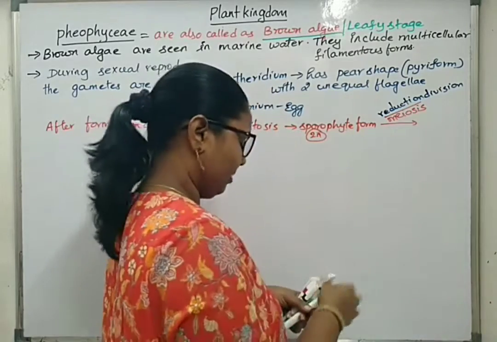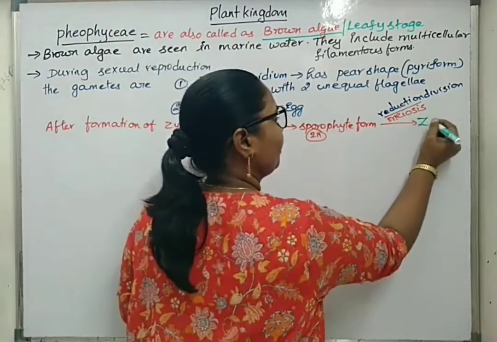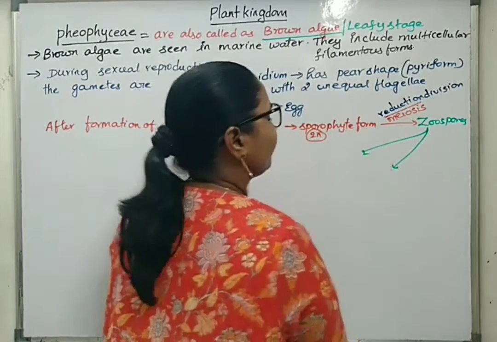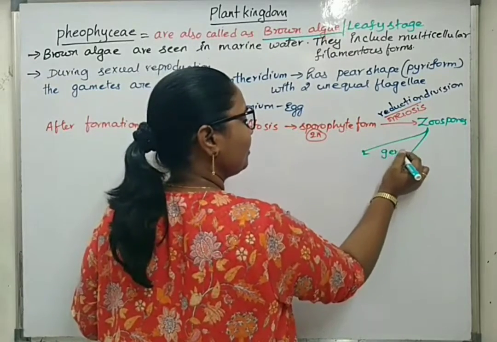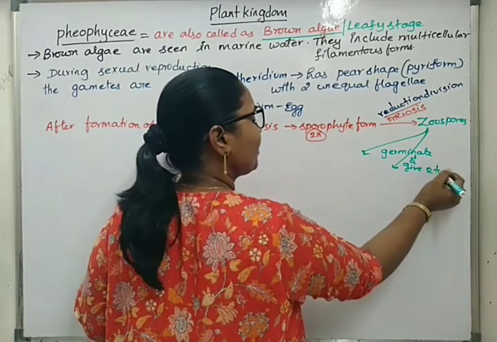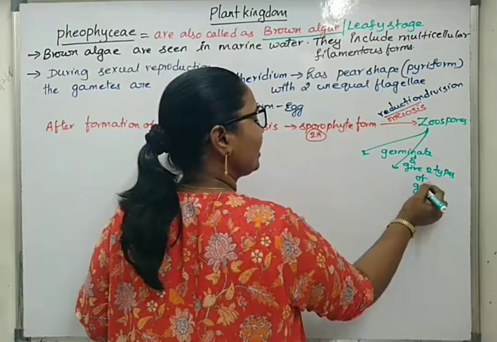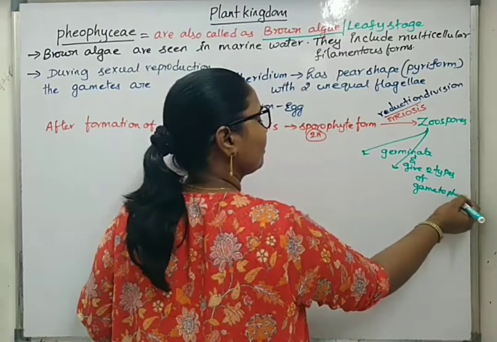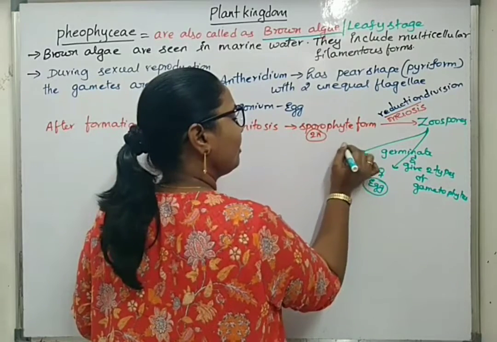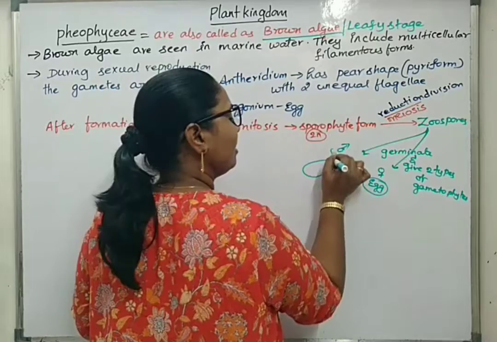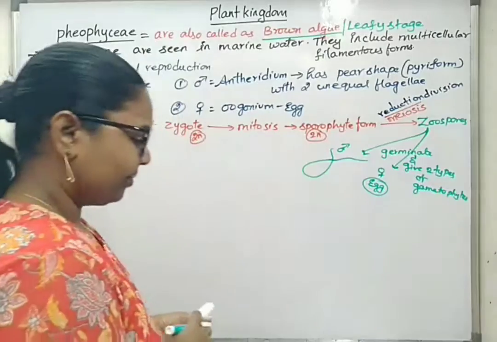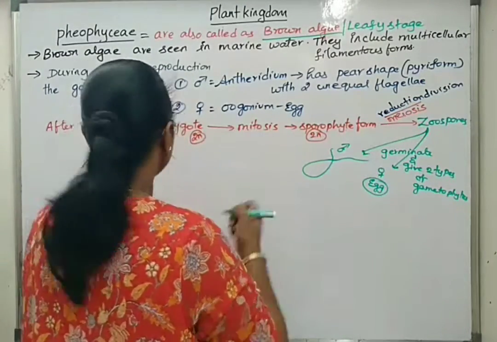Now it gives out zoospores. These zoospores are of two types. They germinate and give two types of gametophytes, that is female egg and male antheridium. So this is male gamete and this is female gamete, and again they fuse to give out zygote.